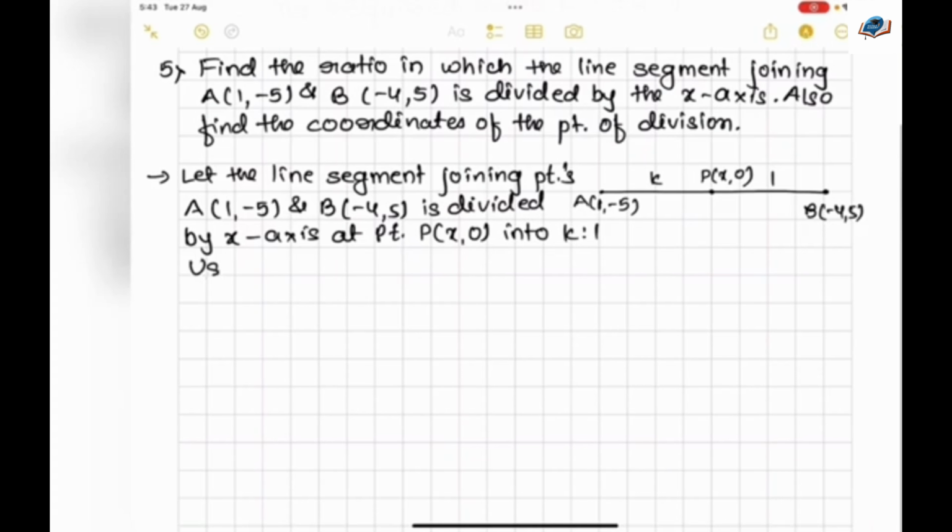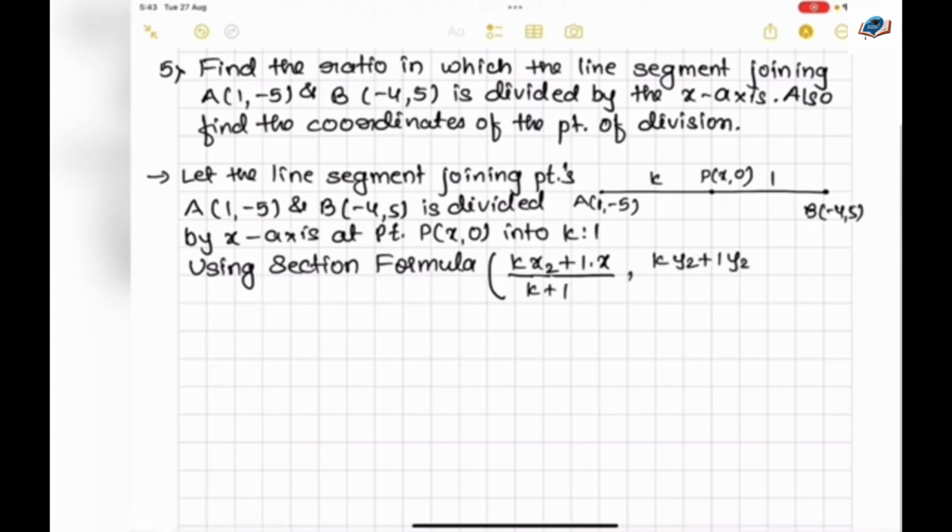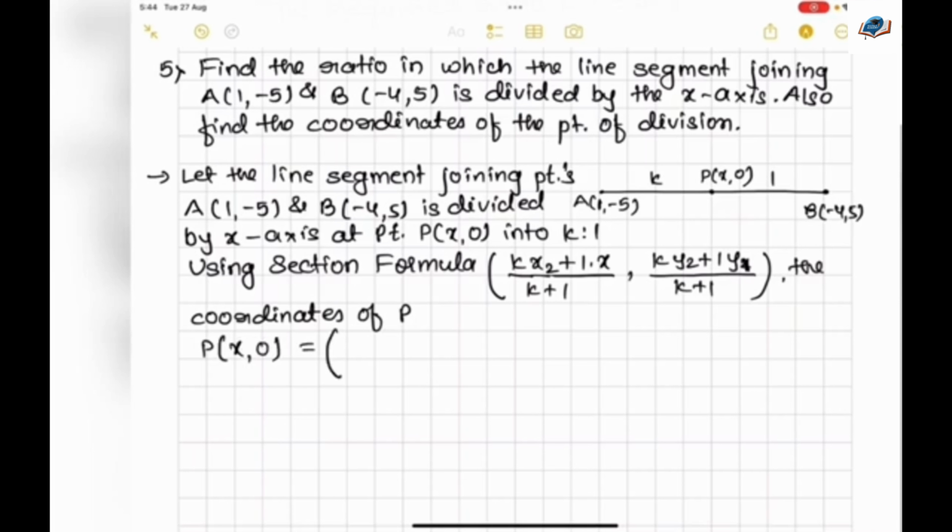So, using the section formula, (kx2 plus 1x1) upon k plus 1 comma (ky2 plus 1y1) upon k plus 1, the coordinates of P. So P x comma 0 will be equal to (k into minus 4 plus 1 into 1) upon k plus 1 comma (k into 5 plus 1 into minus 5) upon k plus 1.